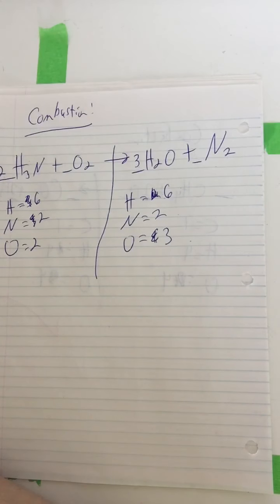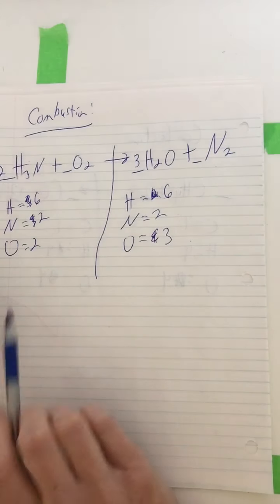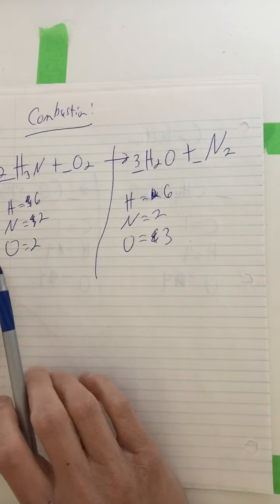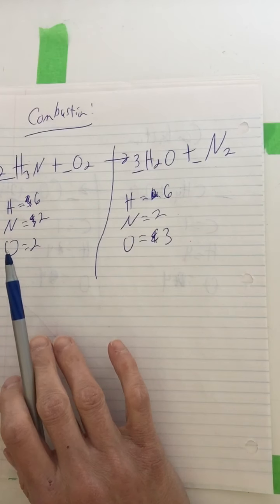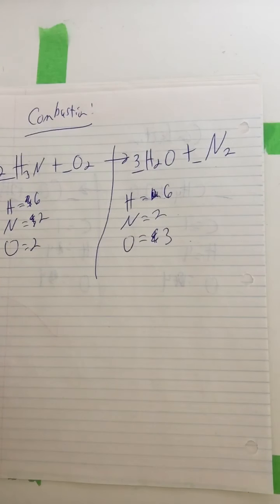So what am I going to do next? 2 and 3. What do I do? Here's what I really would like to do. I would really like to do a half of this, right?